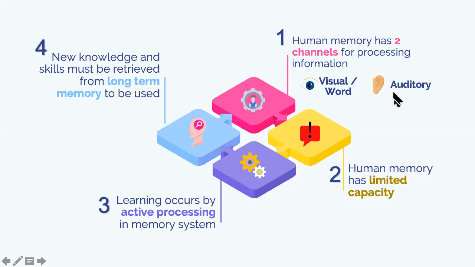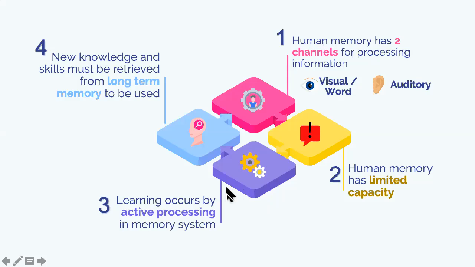And these are the two main channels that channel information to our brains. And of course, human memory, our working memory, sensory memory, have limitations. So we can't cope with a lot of information that channels in through our senses. So we will filter, okay? We'll filter, and some information will just be forgotten.